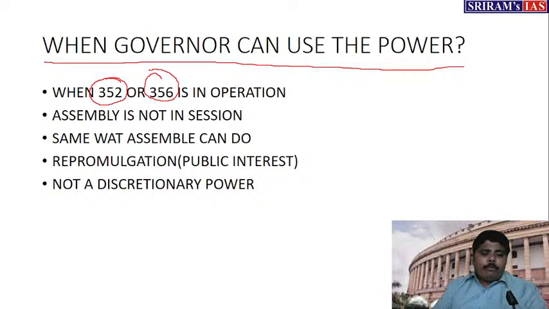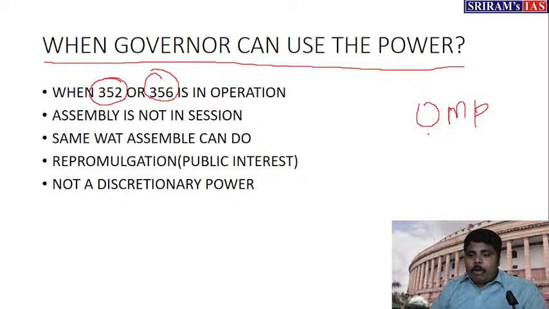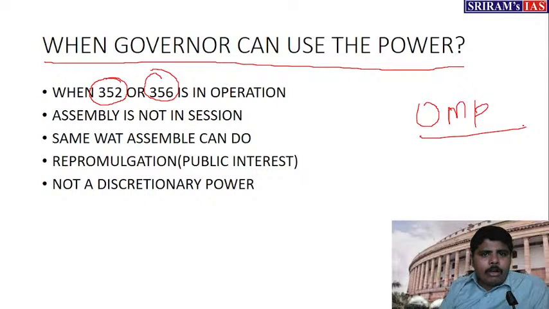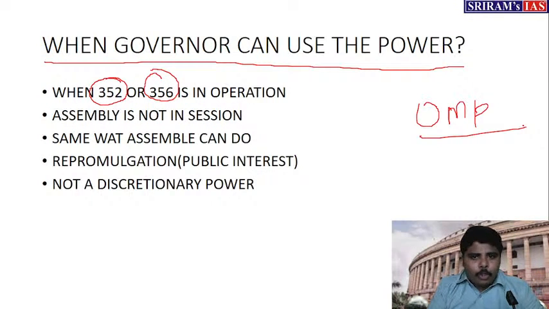Before going into this, I just want to convey a small message relating to ordinance power so that you will have the comfort to remember the input. Ordinance making power. What is ordinance making power? Generally, making of law is not the duty of the governor. The governor will never have the duty to make a law.